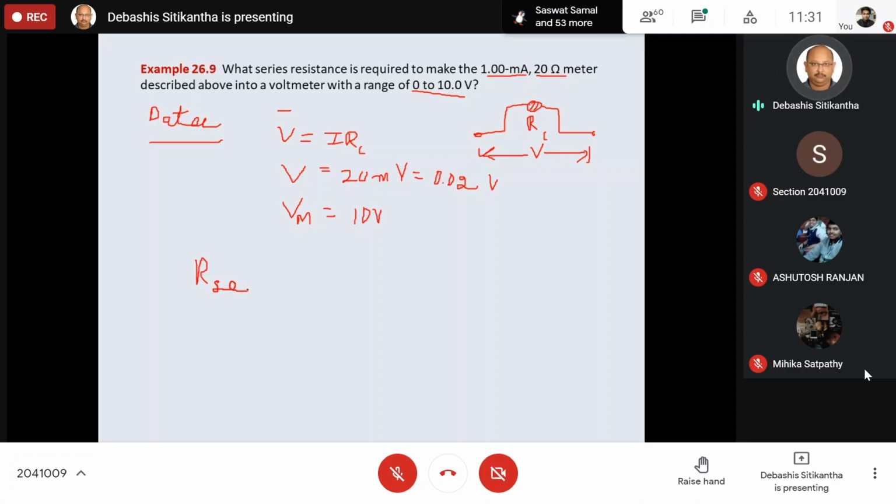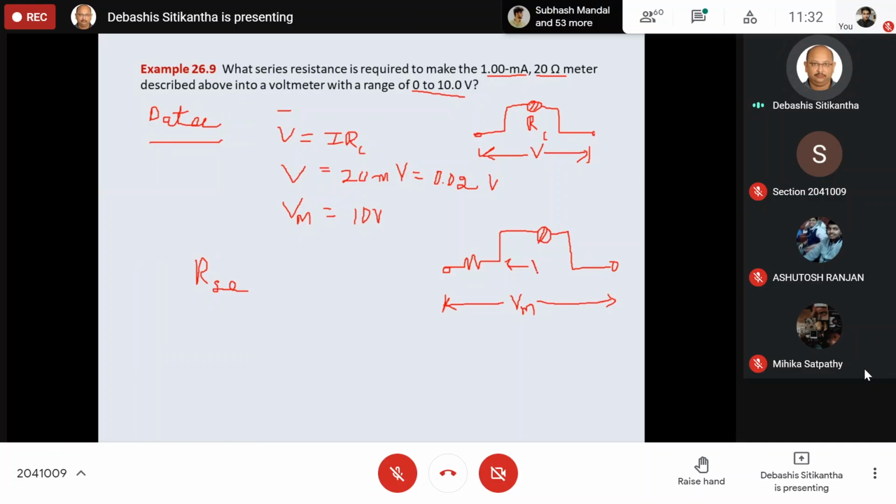Fine. Now what is your RSE? If you want to extend the range, then it should be connected like this. This is the resistance, then you have your coil. The total voltage that it is capable of measuring is Vm. Please note the diagram. This diagram may be somewhat easier for you.